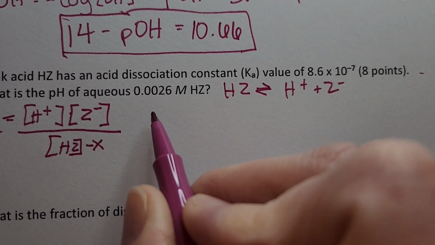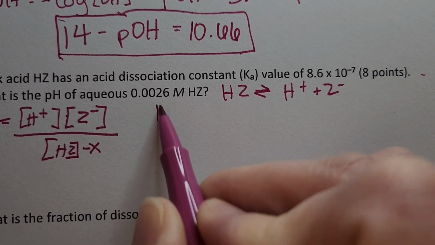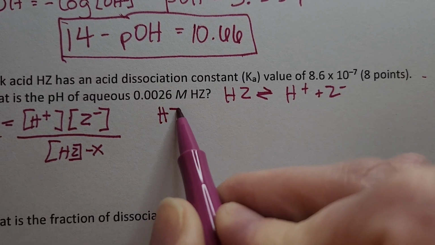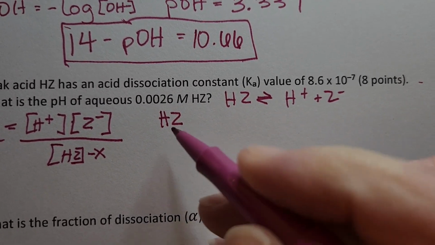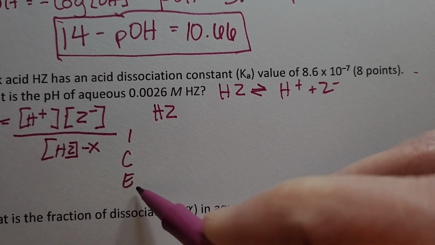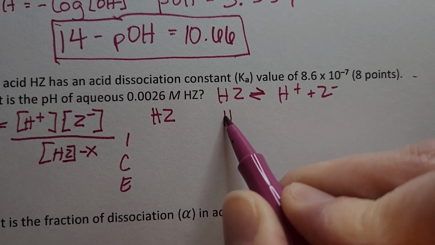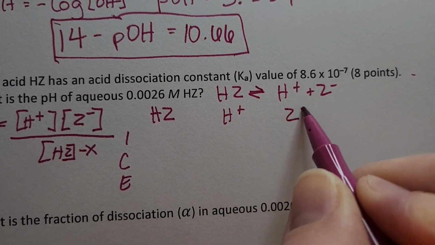If you have not ever done an ICE table, this is how that's going to look. You're going to have the concentration of your reactants on one side, your initial, your change, and then at equilibrium. And then your products are going to be over here, so H plus and then Z minus.